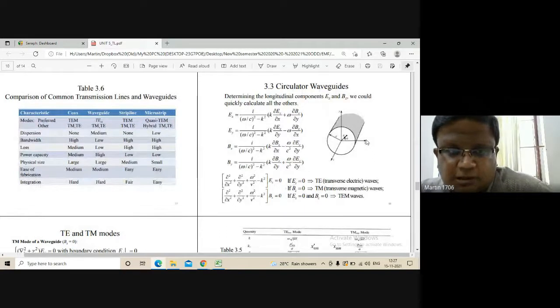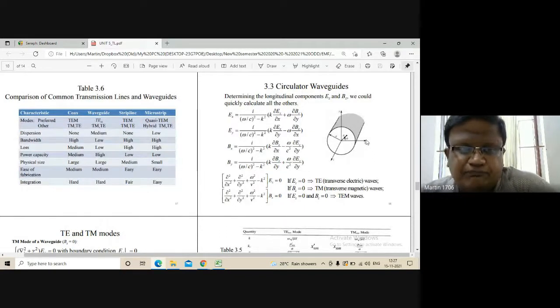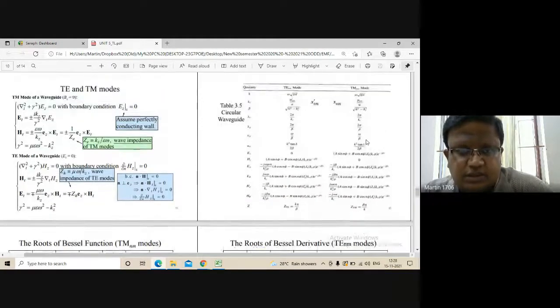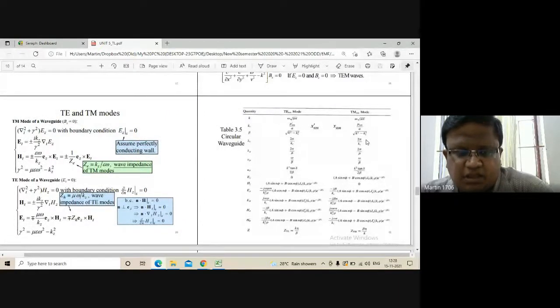Okay, there are different types like coaxial, waveguide, strip, microstrip. They have compared them on dispersion, bandwidth, loss, power capacity, physical size, ease of fabrication, and integration. So how it can be done, and what the basic matrices and basic things compared are, they have shown it like this. And each condition's characteristics has been given.